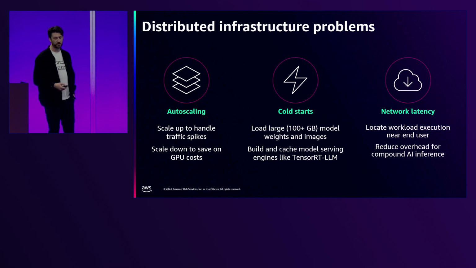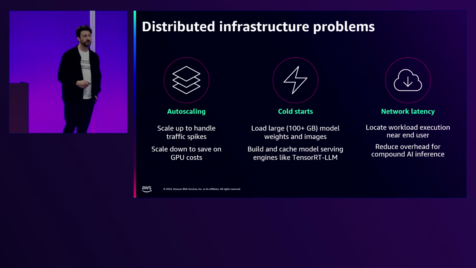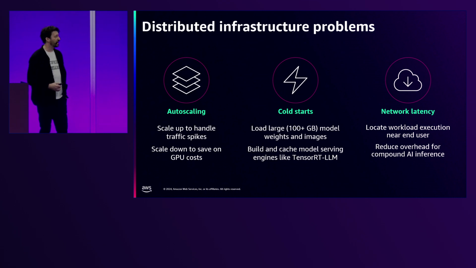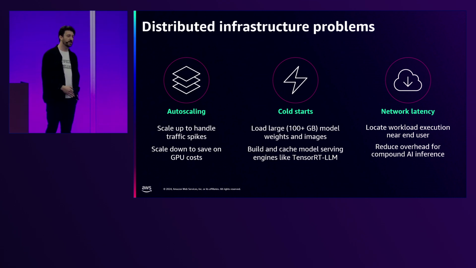Now, running AI models at scale poses a pretty challenging set of distributed infrastructure problems. The faster, cheaper, better has tentacles all the way down into the infrastructure layer. And given the cost of running GPUs at scale, we definitely want to auto-scale our workloads to meet the demand of our customers or your customers.